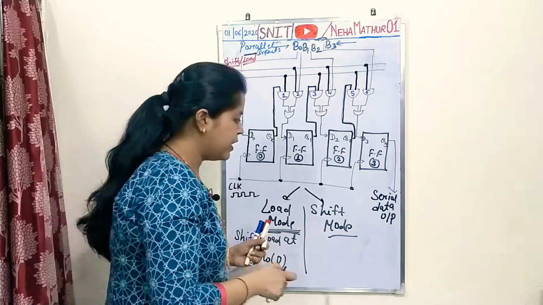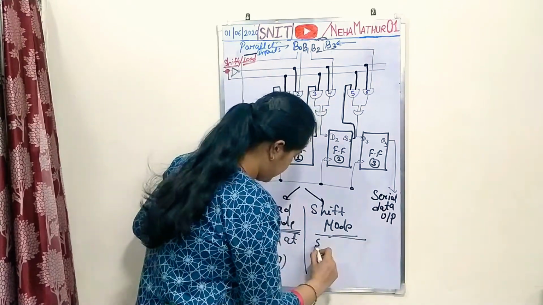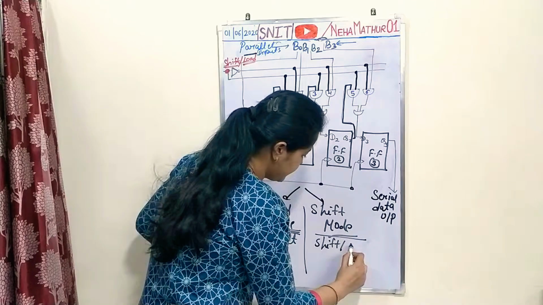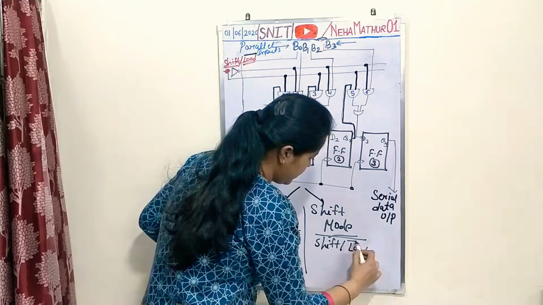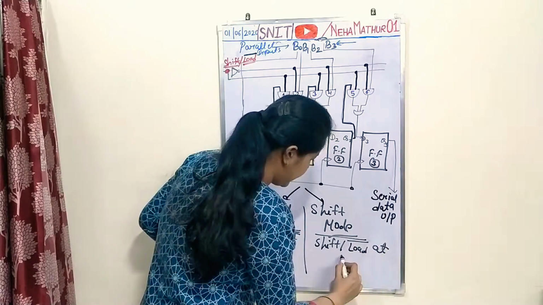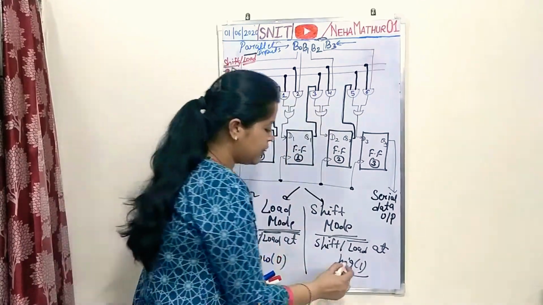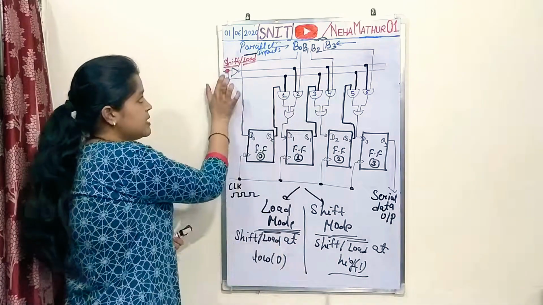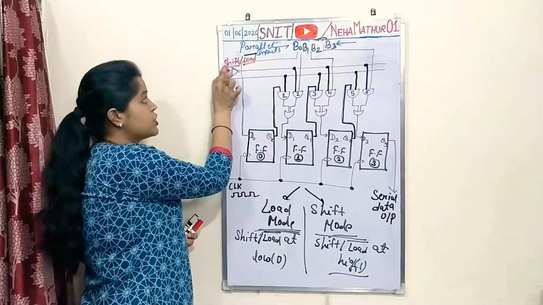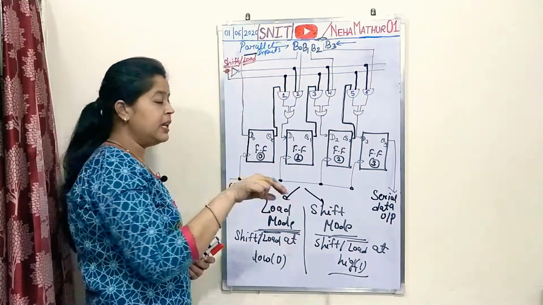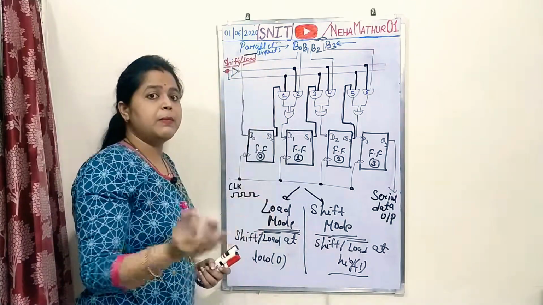Similarly, if you want to deal with shift mode, you will have to change this to high, which is 1. So now what will happen? By keeping this at high value, your shift will be 1, while load with complement will become 0.